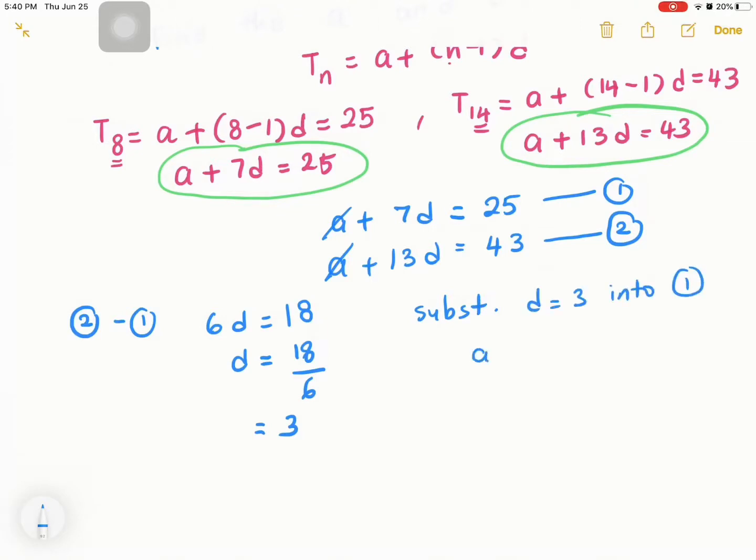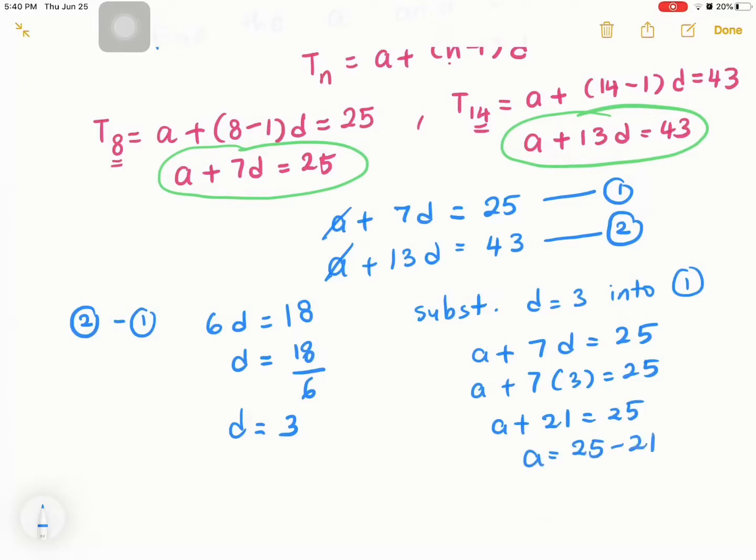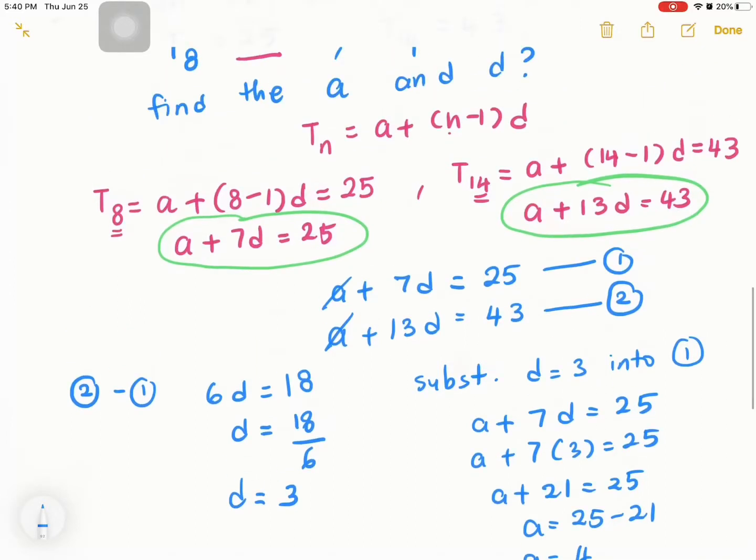So we take our first equation. We put our D to be 3, and A plus 21 is equal to 25. A equals 25 minus 21. So our A now is equal to 4. Now that's how you solve problem solving involving arithmetic progression.